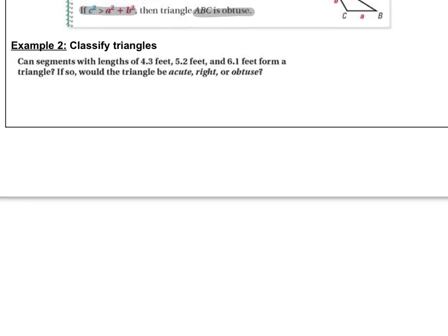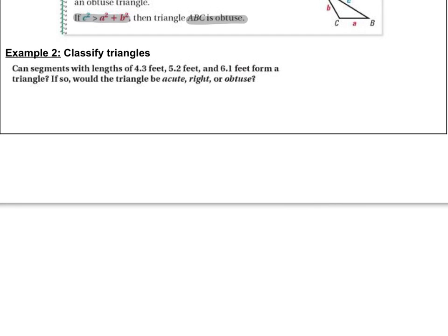Just one example. Again, your biggest friend the past two lessons has been a squared plus b squared equals c squared. Again, if we don't know, the largest number is always c. So 4.3 and 5.2 are our legs. 6.1 would be our hypotenuse. 4.3 squared is 18.49.